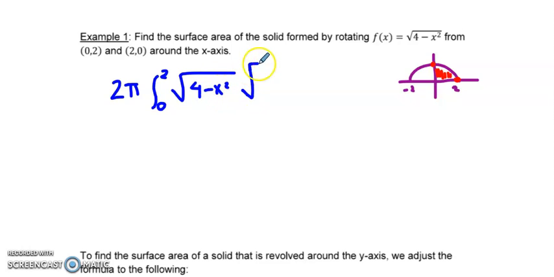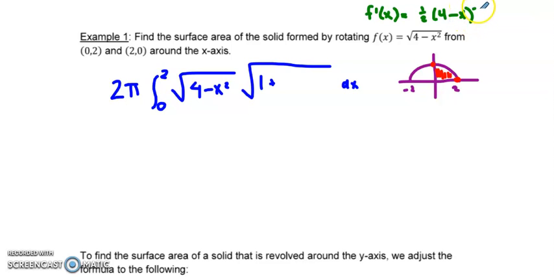And then we're going to need the square root of 1 plus f prime of x squared, the distance formula, dx. So in order to come up with that, I need f prime. So I'm going to go ahead and differentiate over here that f prime is 1/2 times 4 minus x squared to the -1/2, and then times the derivative of 4 minus x squared, which is -2x.